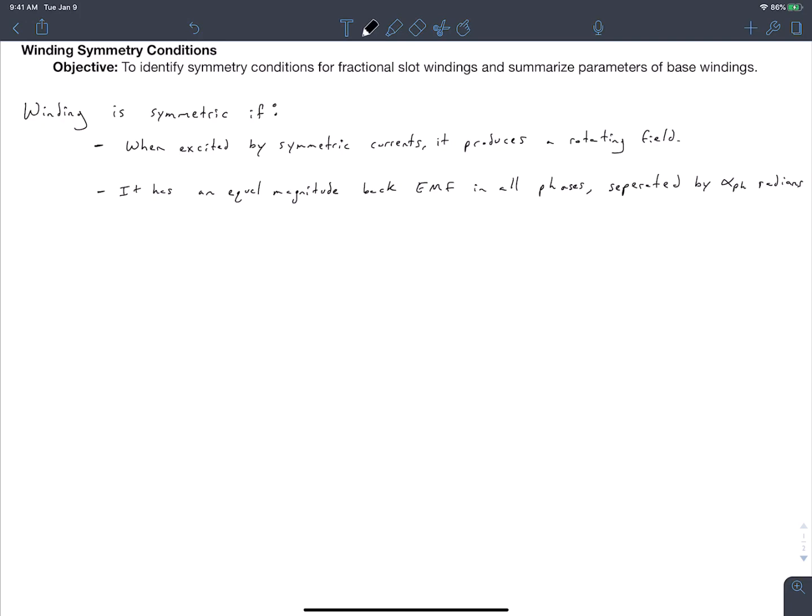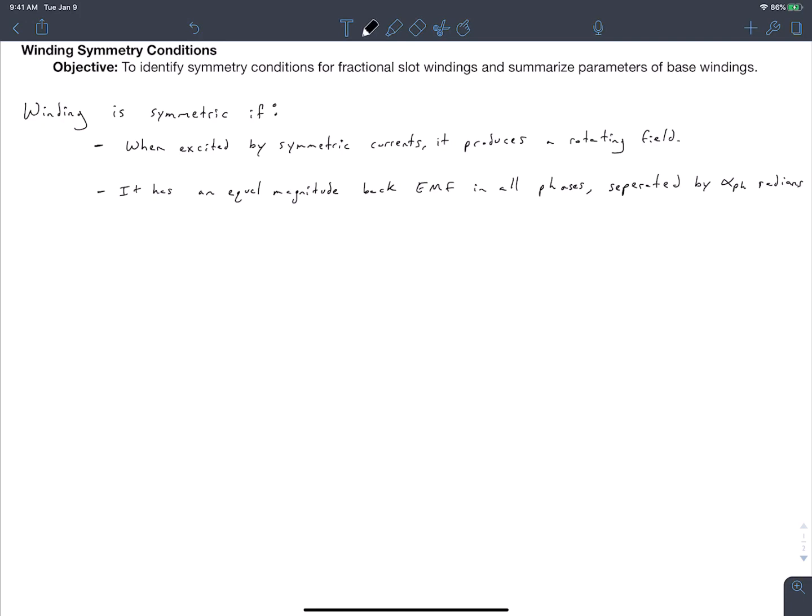So that is, each of the phase windings should have the same magnitude of back EMF, but the back EMF should be delayed from each other by the phase spacing in our phase system. In a previous video, we talked about different phase systems, and for a three-phase system, you had a phase spacing of 2π/3 radians. So you'd expect phase U, V, and W voltages to be the same magnitude, but separated from each other by 2π/3 radians in time.